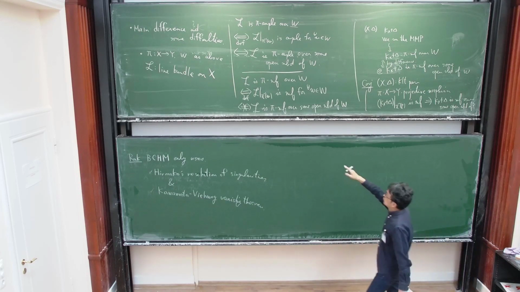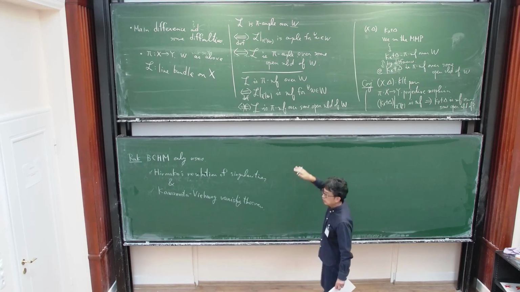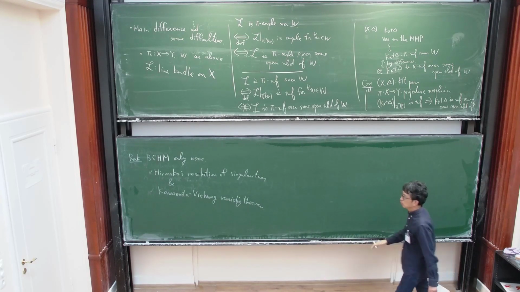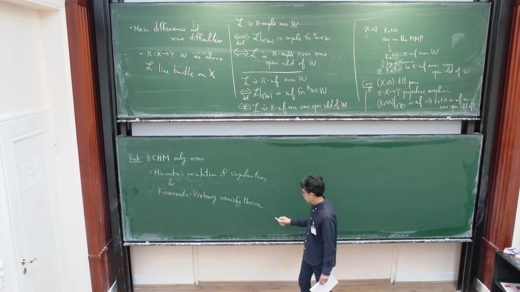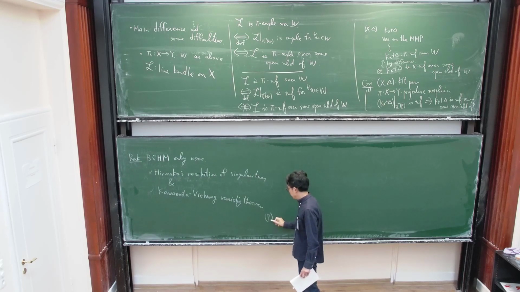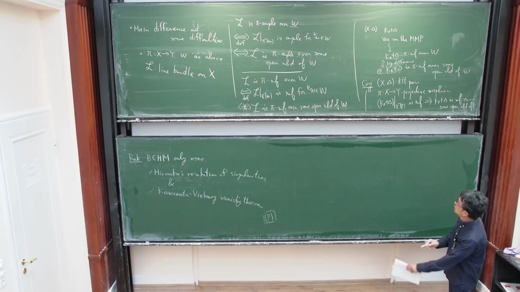So we have to take care of this difference. But anyway, essentially the same proof as BCHM works in the complex analytic setting, once we assume condition B, the finiteness condition. Okay, I stop here.